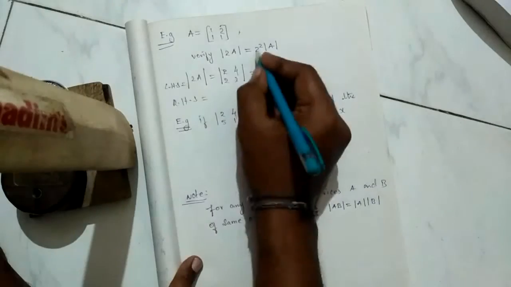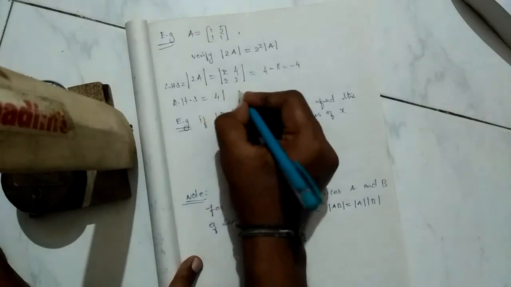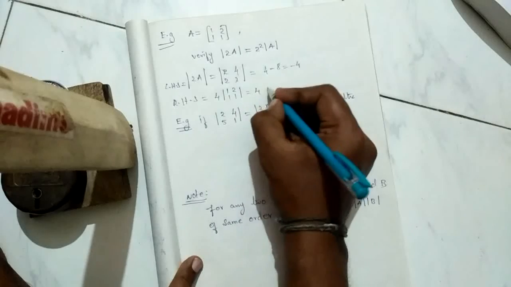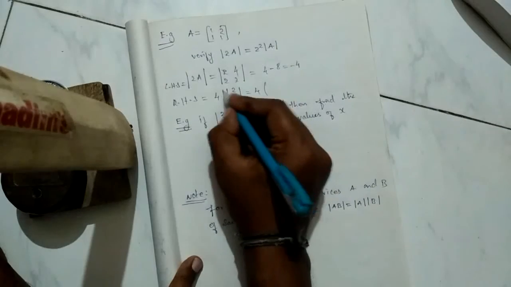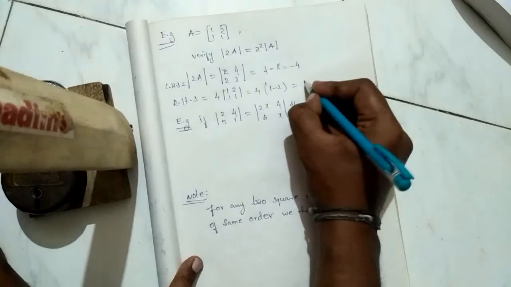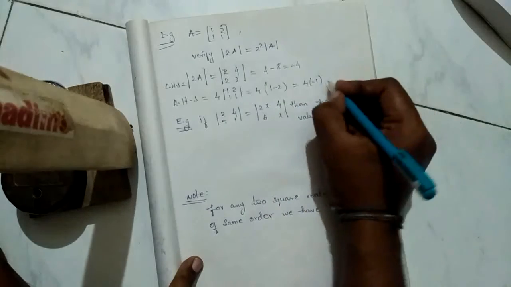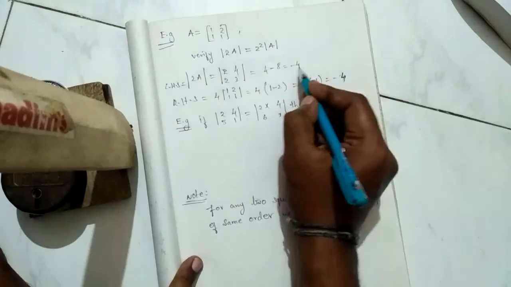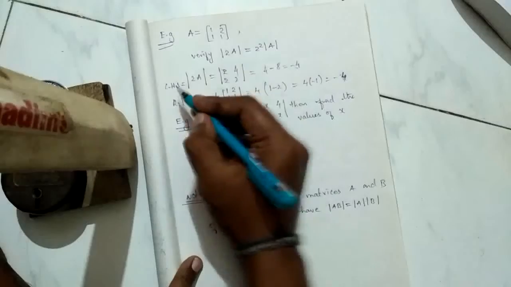RHS is 2 square, which is 4, and determinant of A is 1, 2, 1, 1. Expand the determinant, cross multiply again: 1 minus 2, 4 into minus 1 is minus 4, so minus 4. So LHS and RHS both are the same.